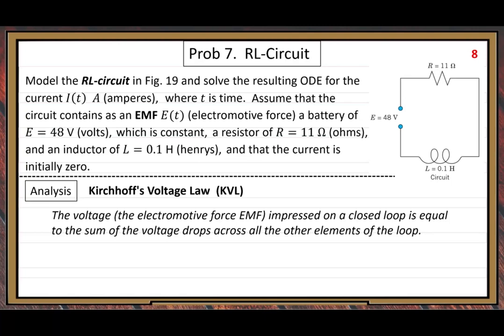Electric current passing through one component, there is a voltage drop, right? So we understand that, voltage drop across all the other elements of the loop. Here there are two other elements other than EMF. On the left-hand side we use EMF.